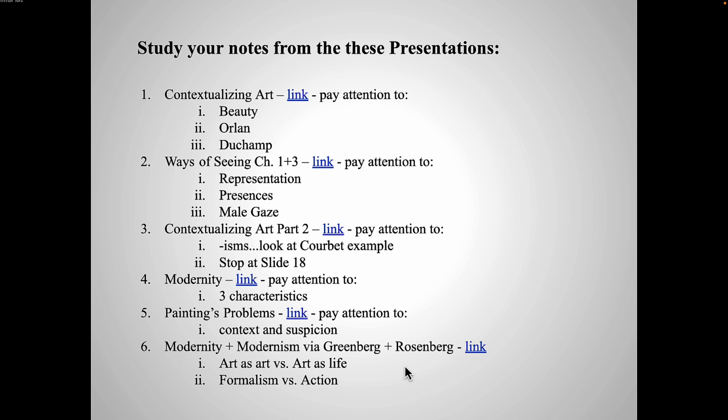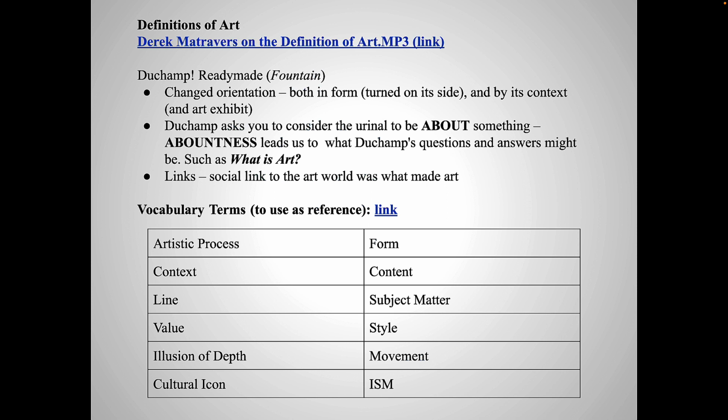Just some vocab. The big ones here, like we talked a lot about context and artistic process and form and content, movement, styles, isms, illusion of depth, right? All of those kind of things come into play in our conversations so far, and can be utilized in your responses to my questions.